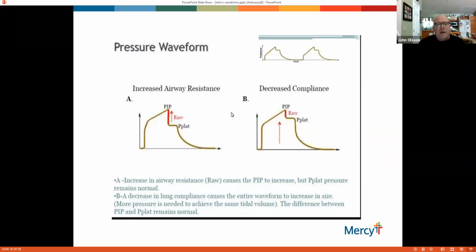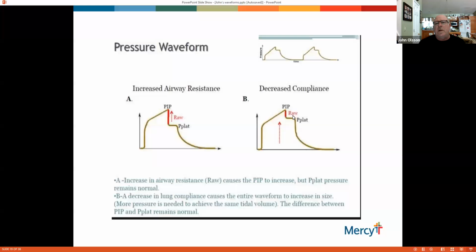If you have an increased pressure difference between your plateau pressure and your PEEP, then you know that's probably due to increased airway resistance and not because my patient's lungs are stiff. They may have pneumonia, but maybe they're not stiff. They have secretions in the airway, or they're having bronchospasm or something.